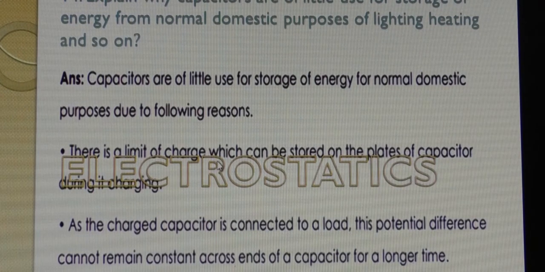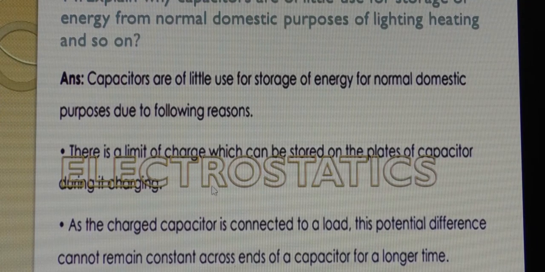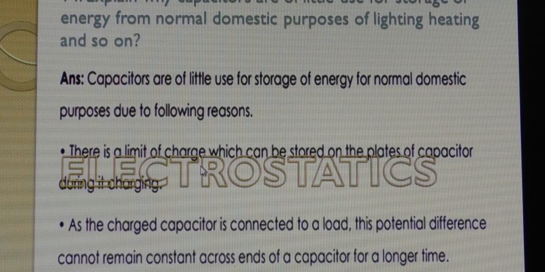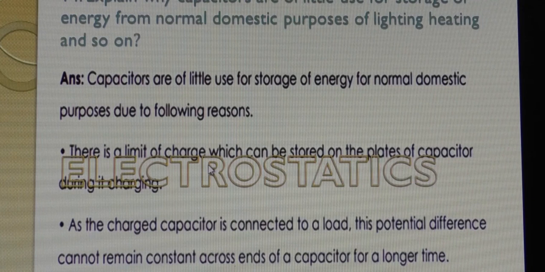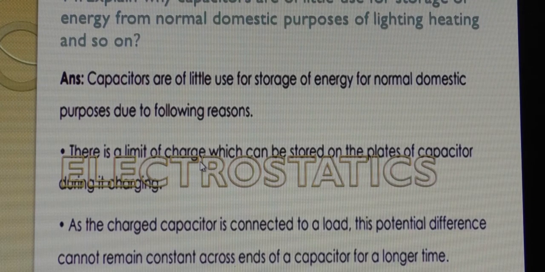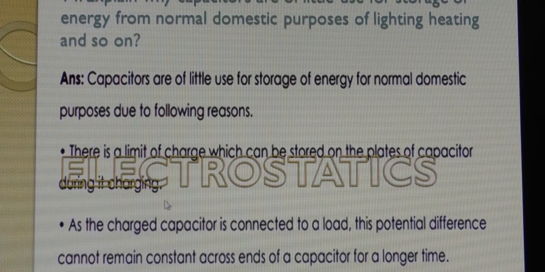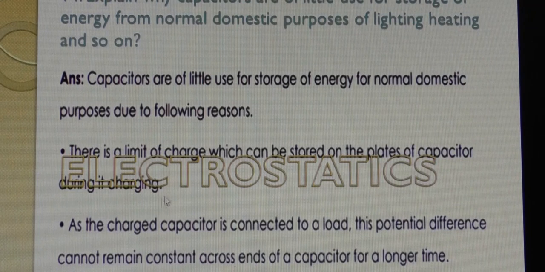There is a limit of charge which can be stored on the plates of the capacitor during its charging. As we all know, every capacitor has some capacity of storing charge. It depends upon its size. We are unable to store charge more than the capacity of any capacitor.